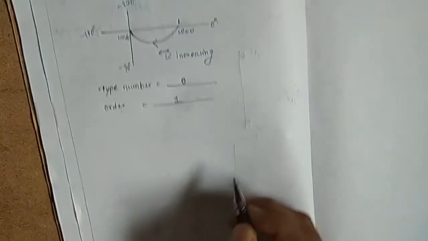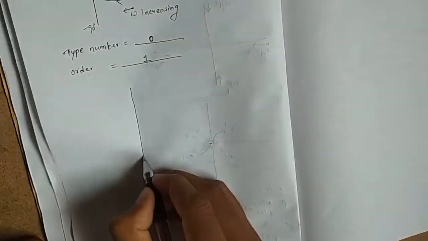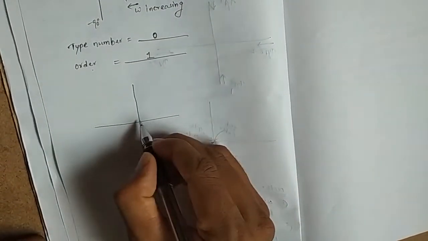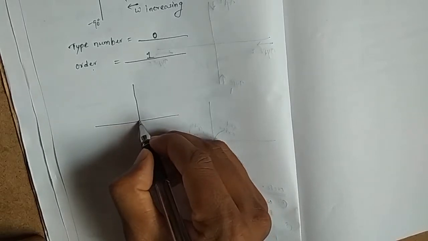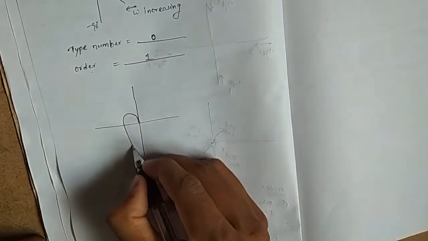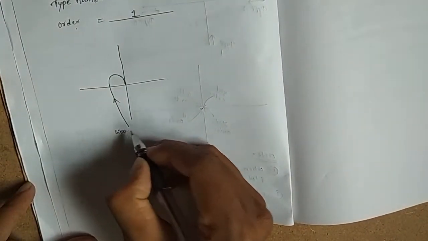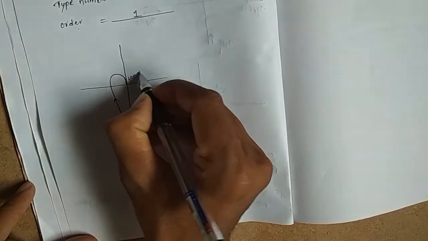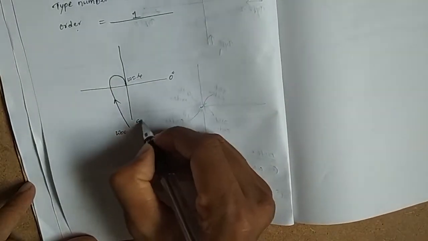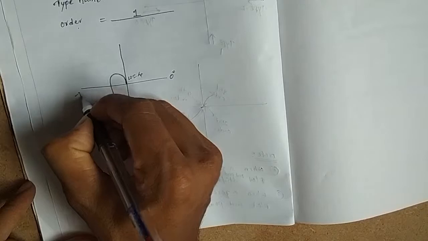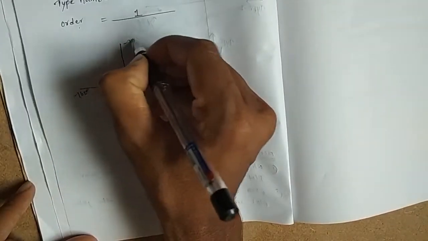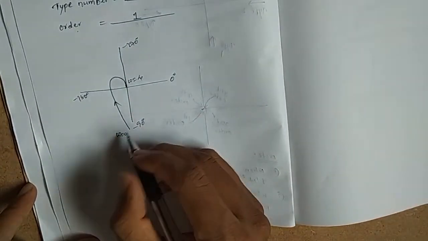We are seeing another example. Here omega equals 0, here omega equals infinity. The angles are 0 degrees, minus 90 degrees, minus 180 degrees, minus 270 degrees, and omega is increasing like this.